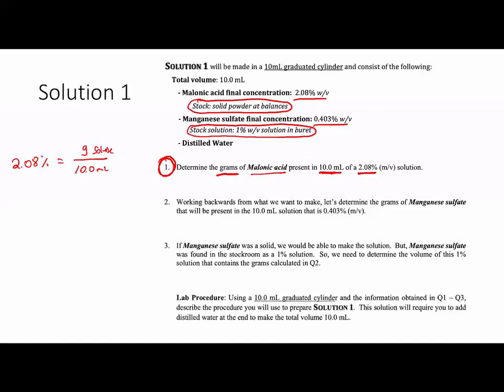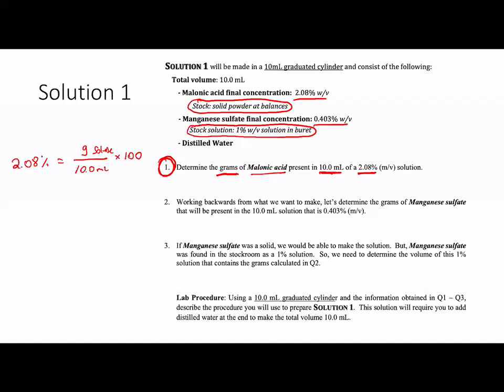Now, this is the original setup of those formulas. It's not the alternate one that I mentioned. So you will need to include that 100 at the end. And then you would just solve for grams of solute using basic algebra.